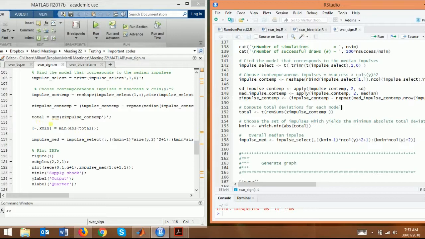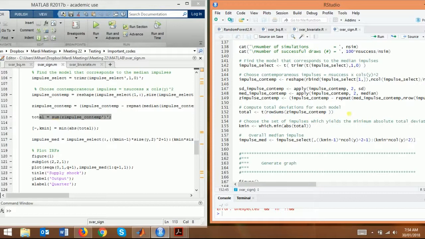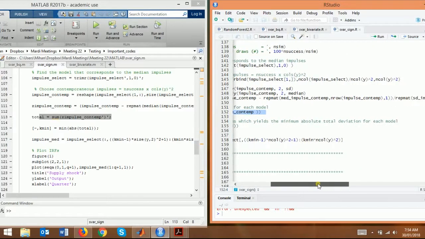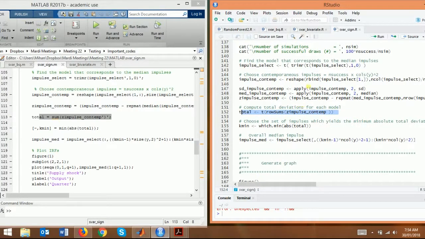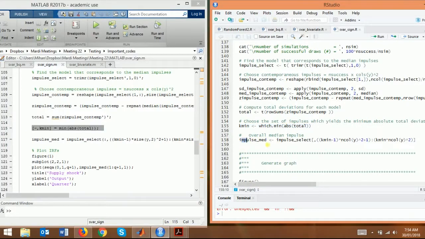That will do the thing for you. Total is taking row sums, sum of the impulse, or taking row sums, transpose row sums. Choose the set of impulses which is the minimum. So from the z-score, taking the summations, the minimum of the summations we take, and the median sum impulse, so minimum of those we take, and then the median is this equation.